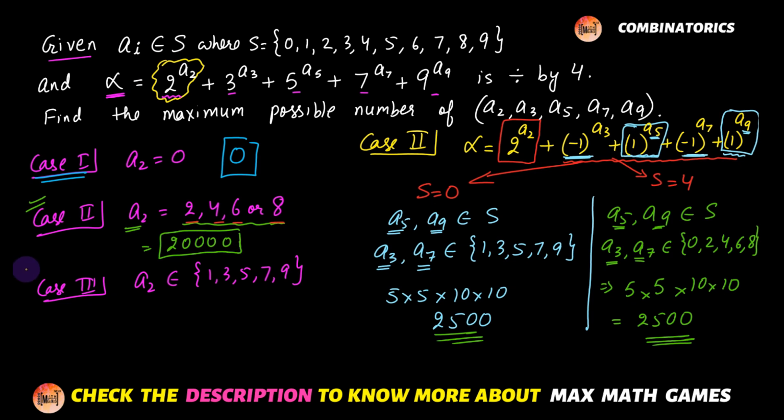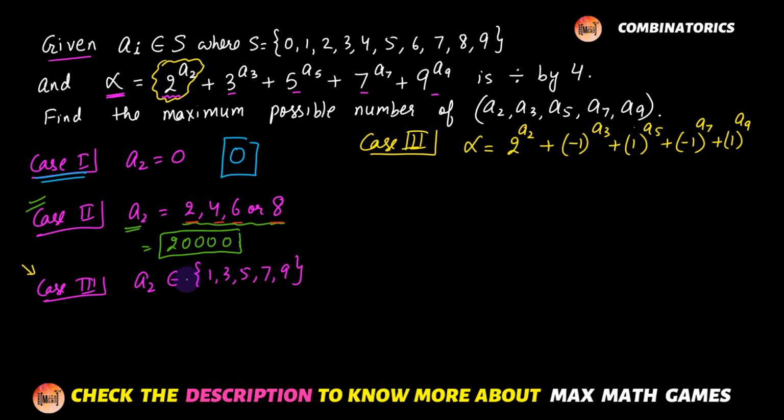So now let us move on to case number 3. For case number 3, A2 is equal to either 1, 3, 5, 7 or 9, which simply implies that when 2 raised to the power A2 is divided by 4, it will leave a remainder of 2.